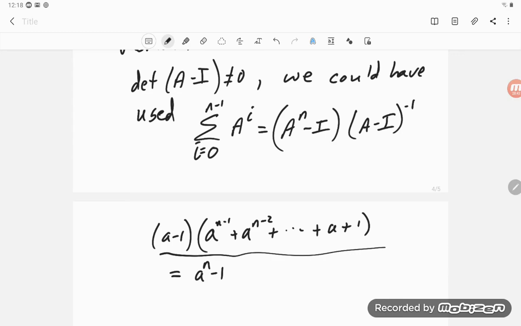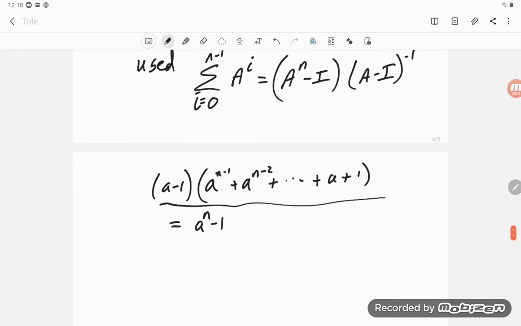If we knew that, then we can just solve for it, according to this, right? As long as a is not 1, then this is just real numbers, right?